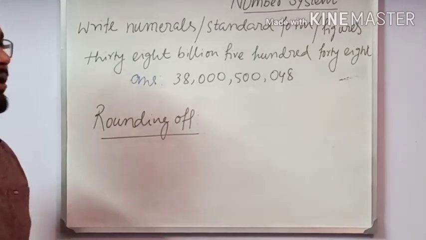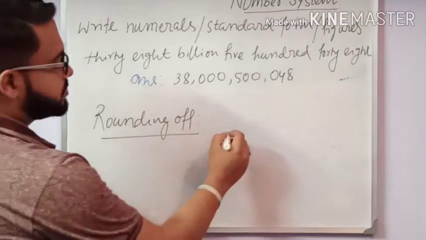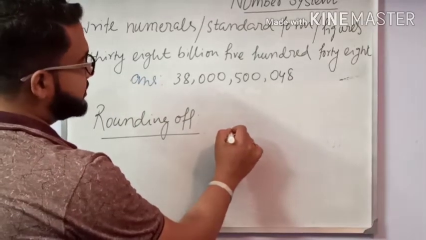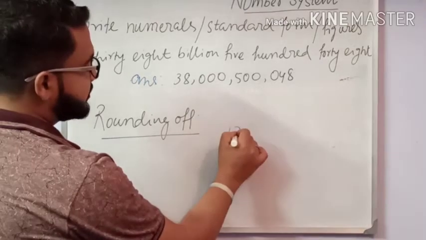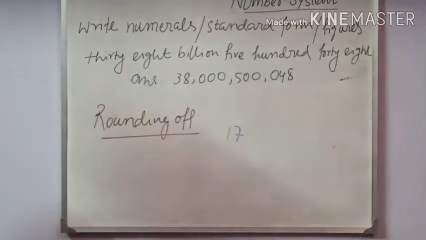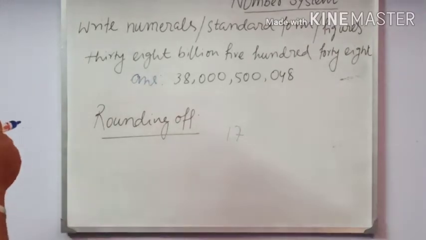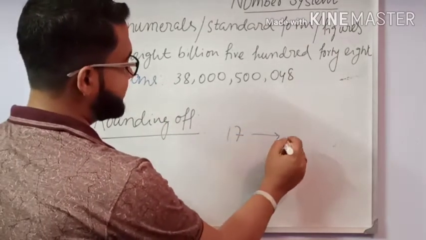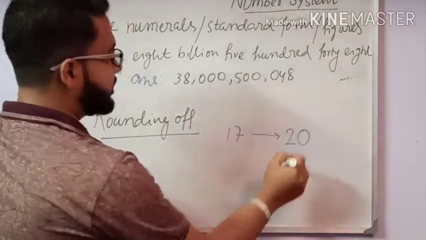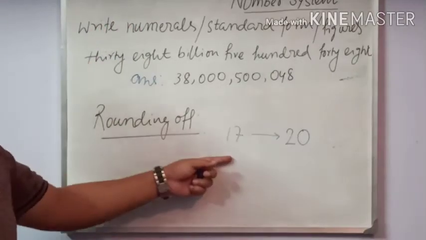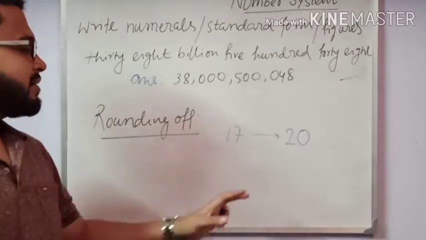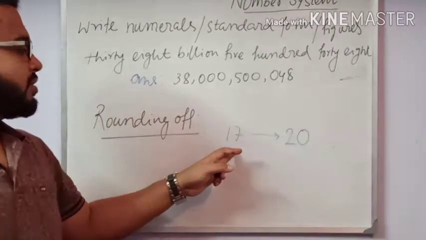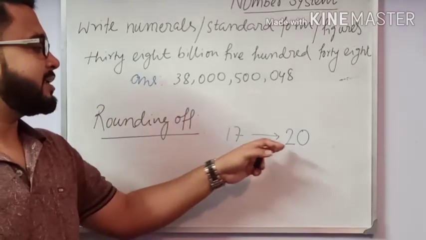Next one is rounding of numbers. Suppose this is your number 17. What is the rounding of this number? We can write it as 20 because this 17 is near the 20. That's why we round off the 17 into 20.